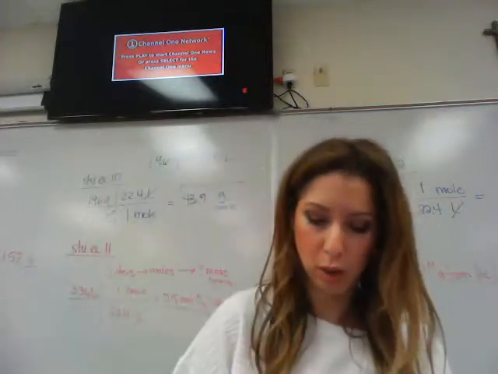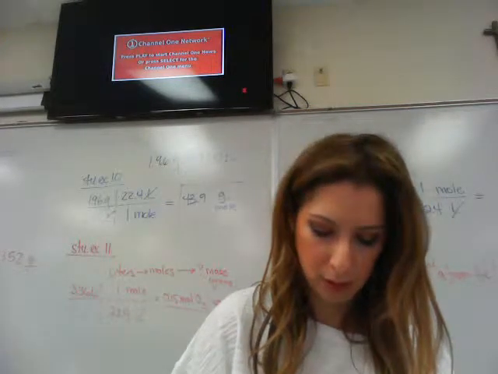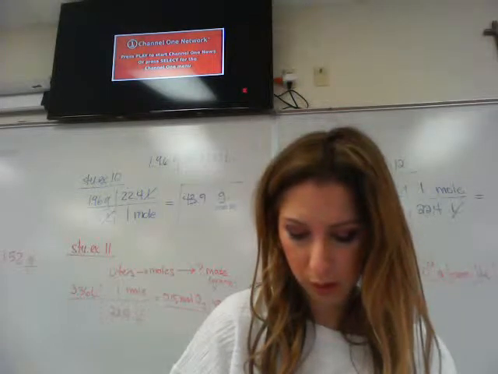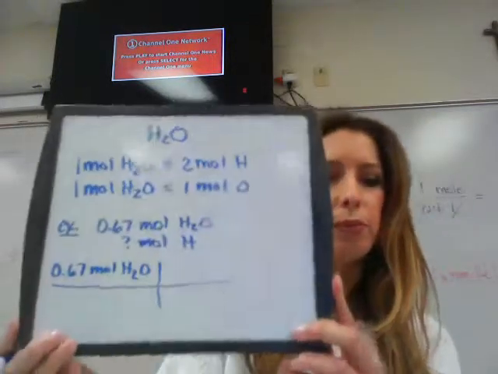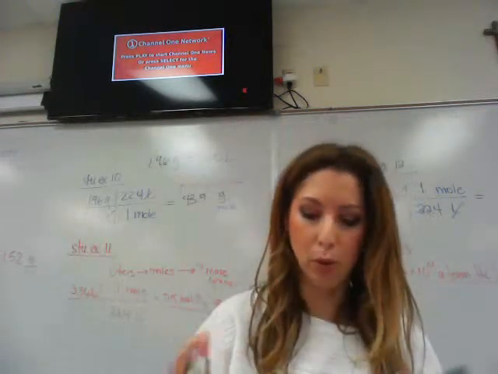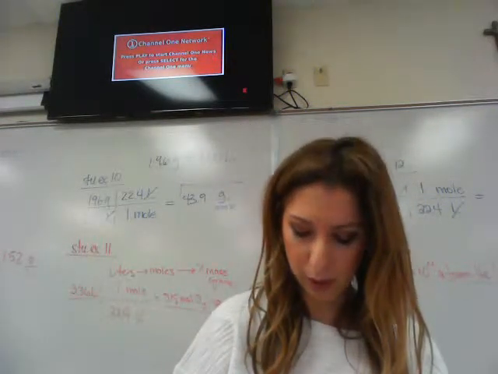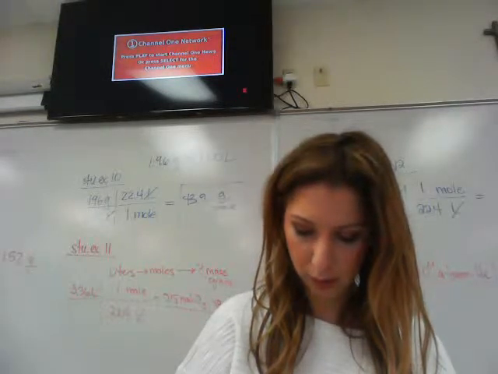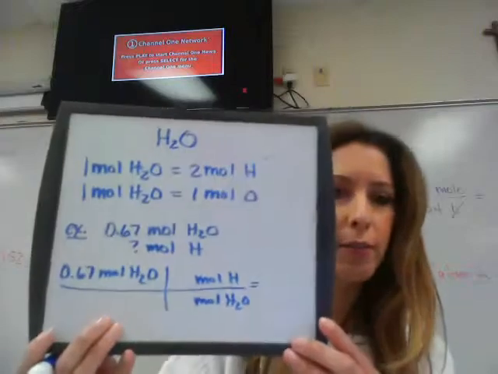So we're going to write 0.67 moles of H2O in the upper left-hand corner, like this. And we're going to put moles of H2O on the diagonal, and I'm going to put moles of H on top since that's where I'm going. So it looks like this.